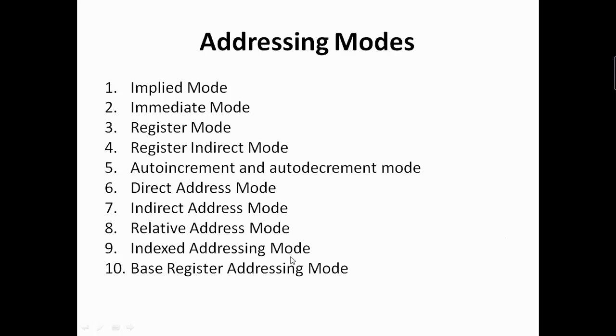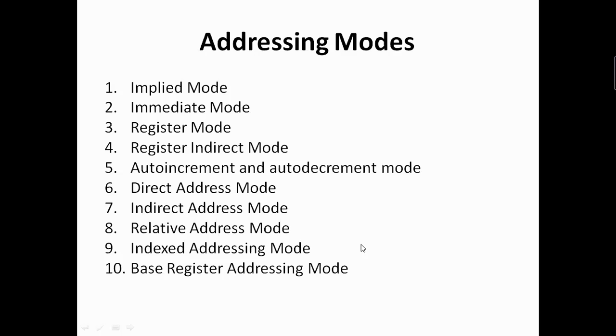So indexed addressing mode is where the address in the instruction is added to the contents of an index register. Many computers use a register in the CPU called an index register. So the address is to be added to that index register to get the effective address.